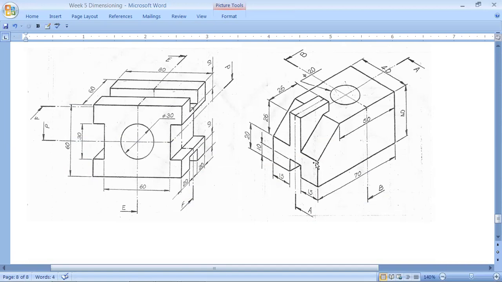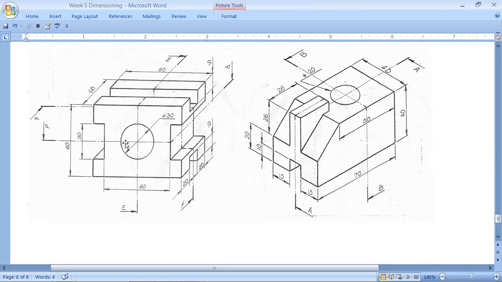the dimension, right? In order to practice dimensioning of orthographic projection, and to practice oblique dimensioning, and to practice isometric projection dimensioning.